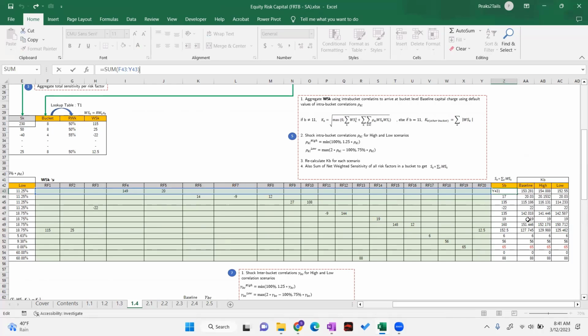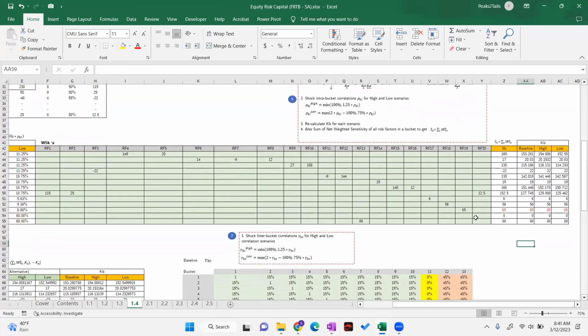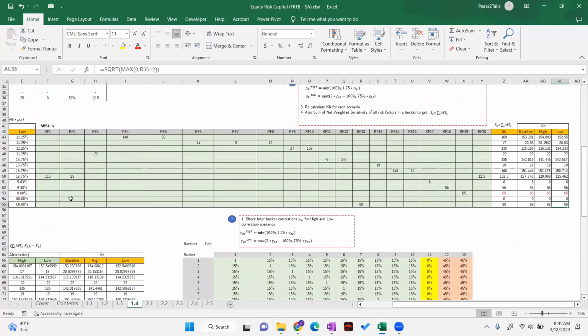Look at the formula: sum for all k, that means for all risk factors, weighted net sensitivity, just a sum. We need that for the next calculation. I'll pause here. Any questions till this table?